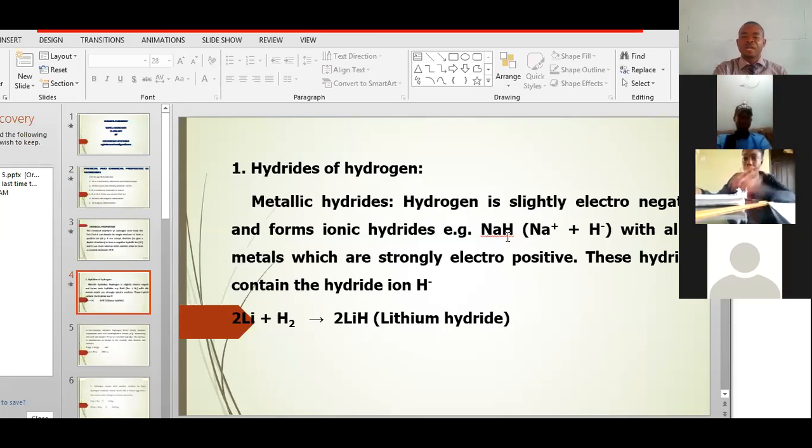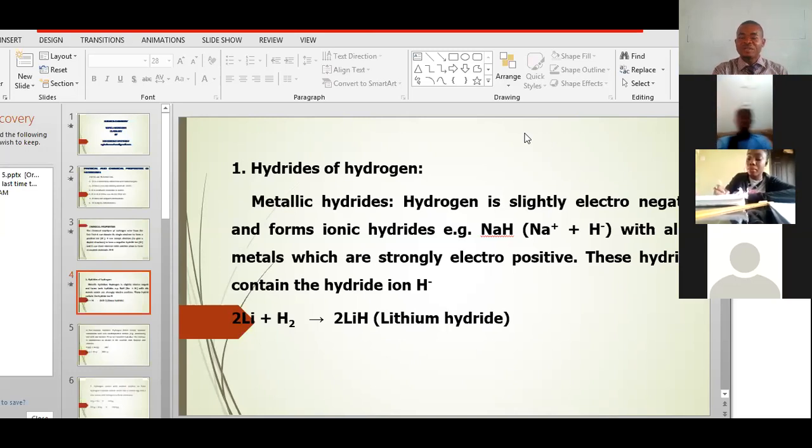In my explanation, I said hydrogen reacts with alkaline metals, that is group 1 elements. Remember, all group 1 elements have one electron in their outermost shell, the orbital. In this case, they can give out that one electron they have to form an ion.